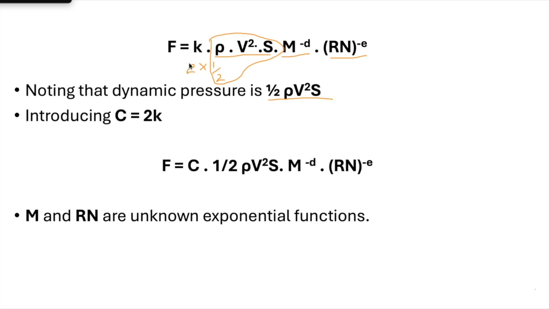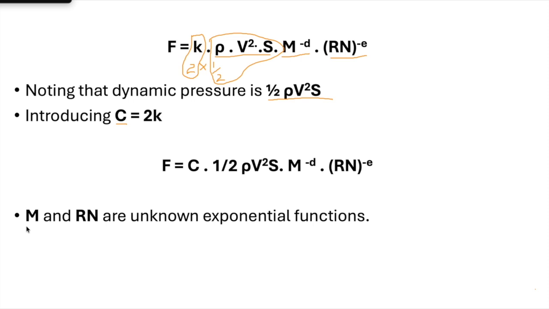Because I multiplied by 2, I have a 2K here. So I am going to introduce another constant for this and name it C. So C equals 2K, and therefore I can rewrite the equation as F equals C times half rho V squared S, Mach number to the power minus D and Reynolds number to the power minus E.